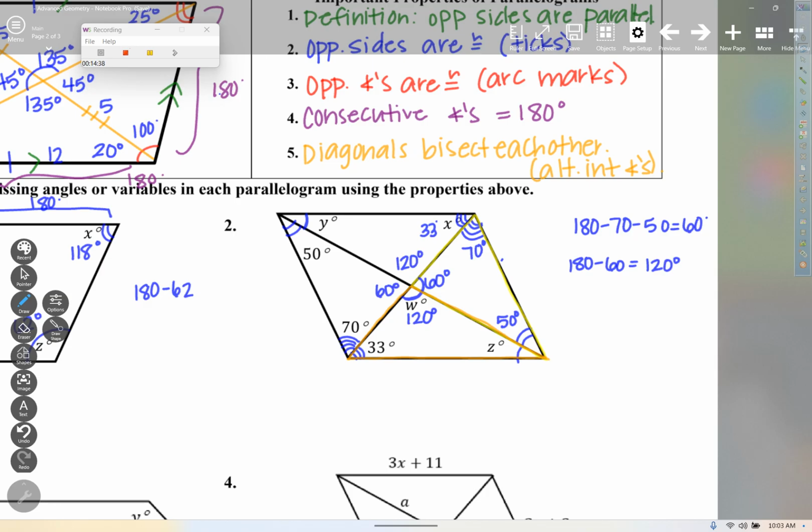So Z is 27. And then I know that Z and Y have the same arc mark, so they are going to be equal, so Y is 27 degrees as well. Okay, and that's how we solve for parallelograms that have alternate interior angles. We use those triangles equal 180 and vertical angle and linear pairs in the center to help us.